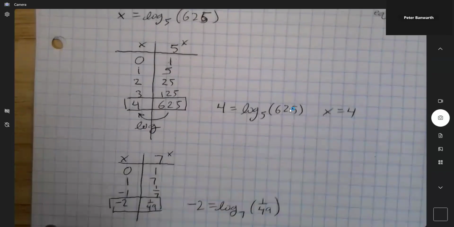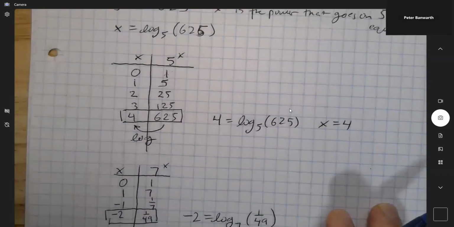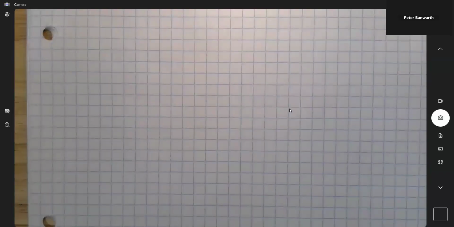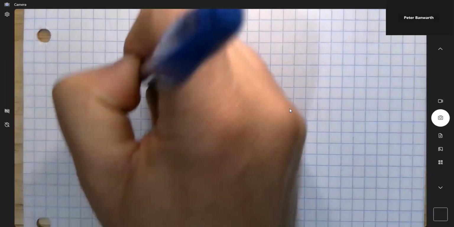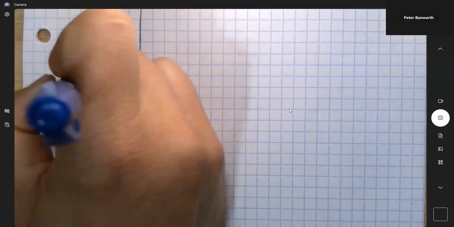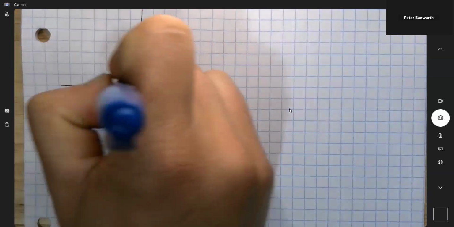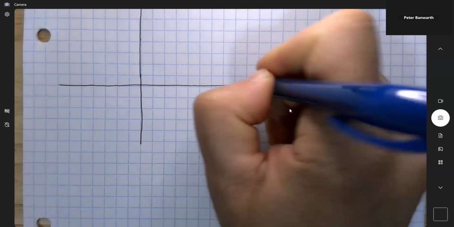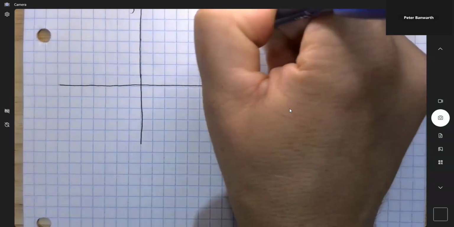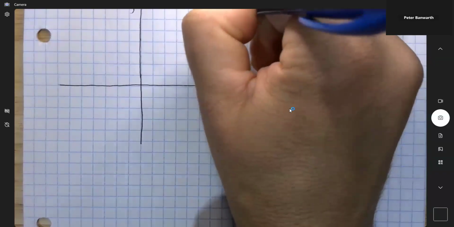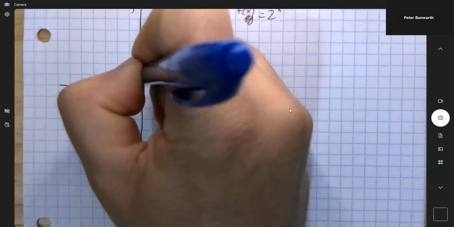All right, we've talked about formulas, words, numbers. Let's talk about graphs. In our inverse function section, we had the graph of a function like y equals 2 to the x, or f of x equals 2 to the x.